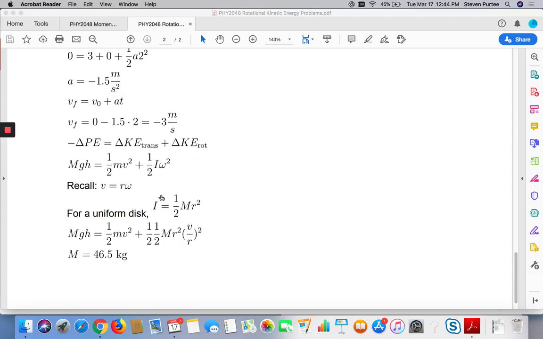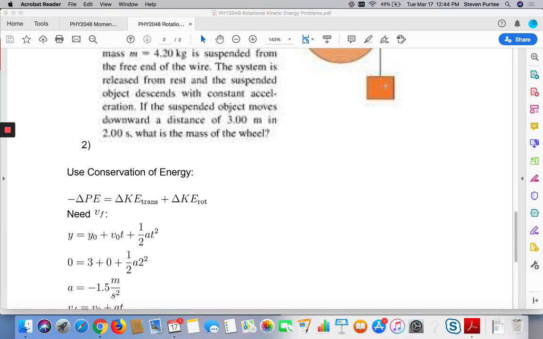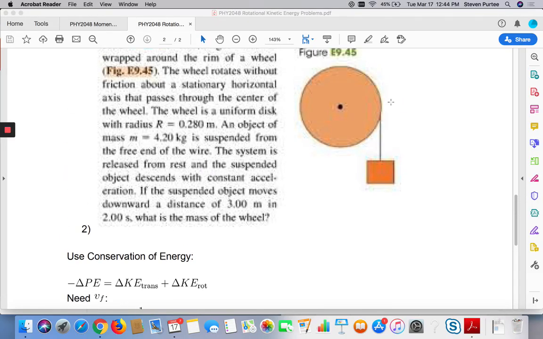Just like the problem before, this is what we're always going to use in these problems. We're going to use V equals r omega. The speed at which this thing is moving is the same speed at which a point on the rim is moving, because these are attached by this string. So this block is dropping.